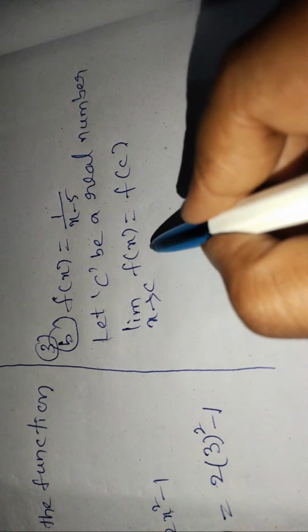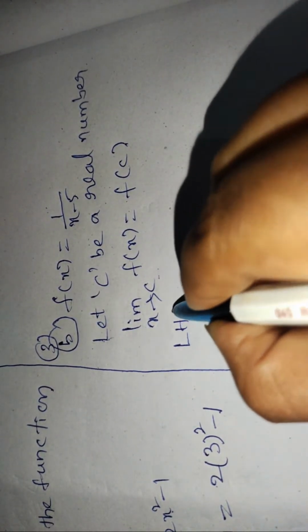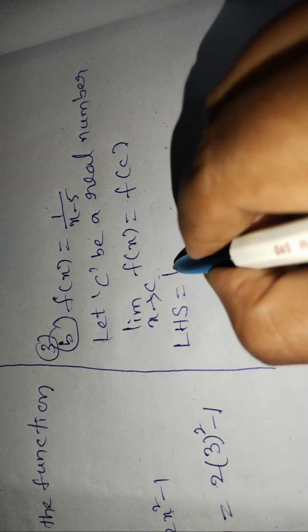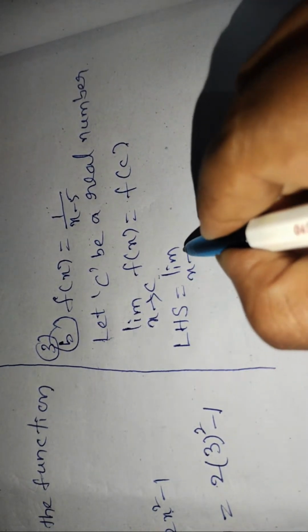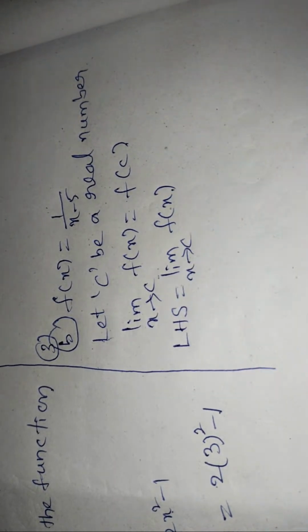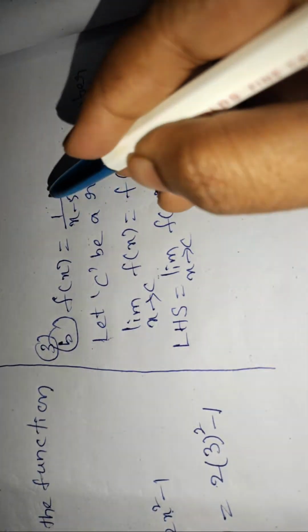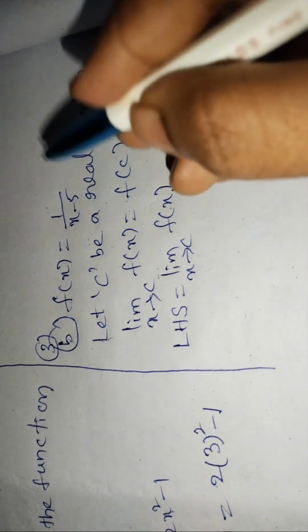Next, it is LHS. Take LHS. LHS is equal to limit x tends to c, f of x. So I took LHS. In this I will write the function. What is the function? 1 by x minus 5.